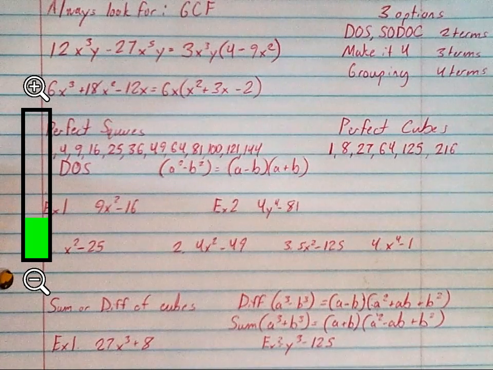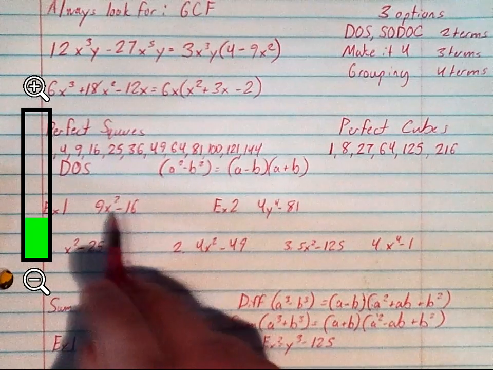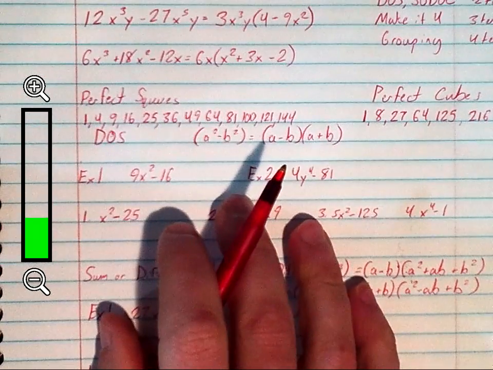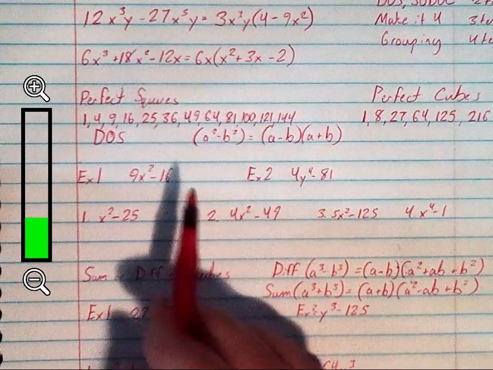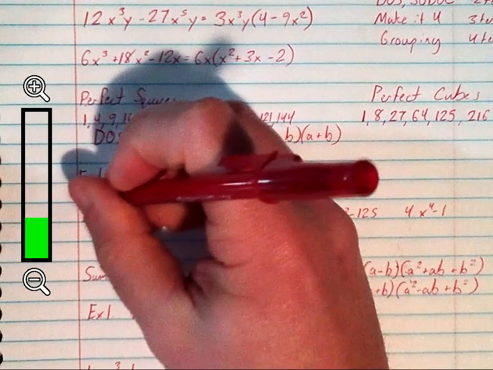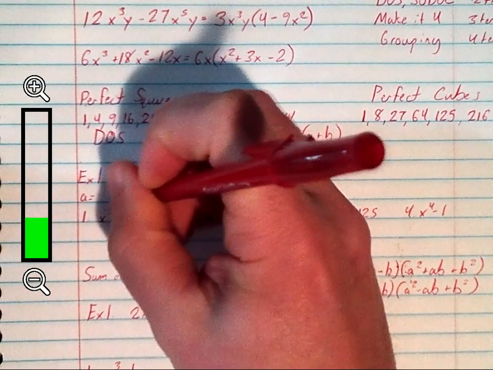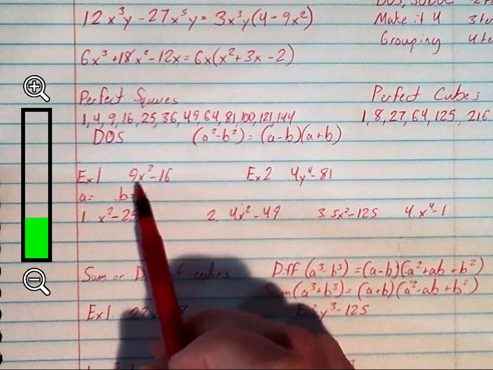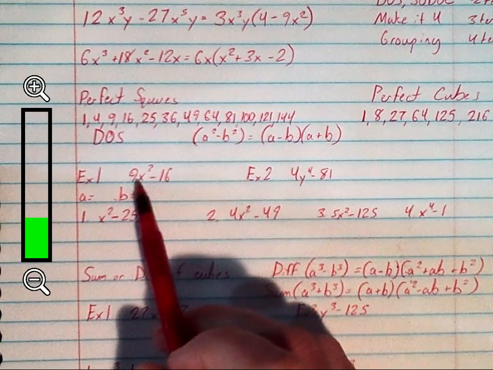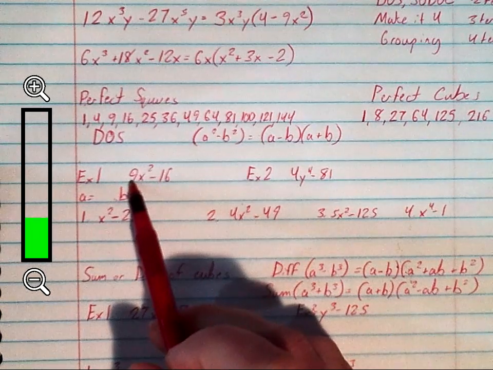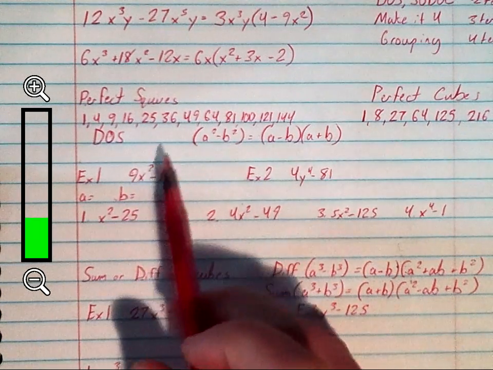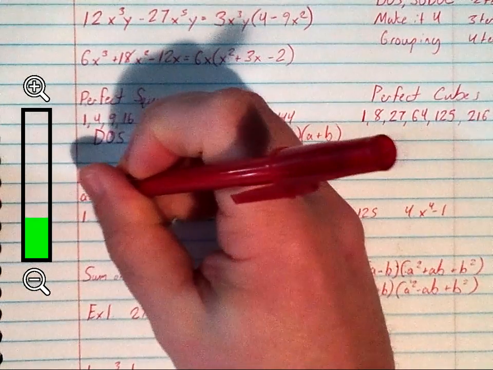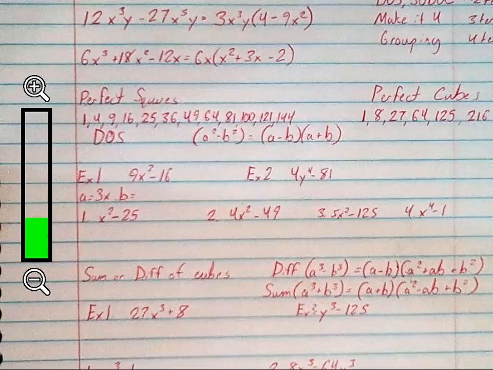Alright, so some things that sometimes I like to do is go ahead and looking at my two terms. So for example 1, we have 9x squared minus 16, and figuring out what a and b are going to equal. Okay, so if I have 9x squared, what did I have to square to get 9x squared? Well, to get 9, I'm going to have to square 3, and to get x squared, I'm going to have to do an x. So a would be 3x.